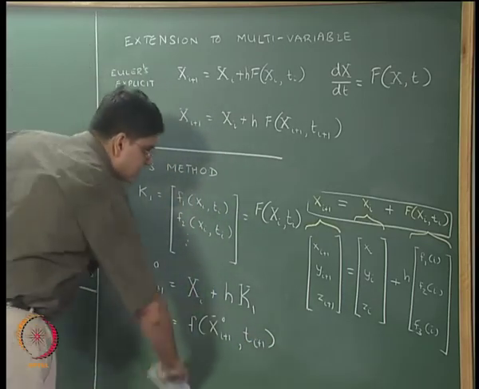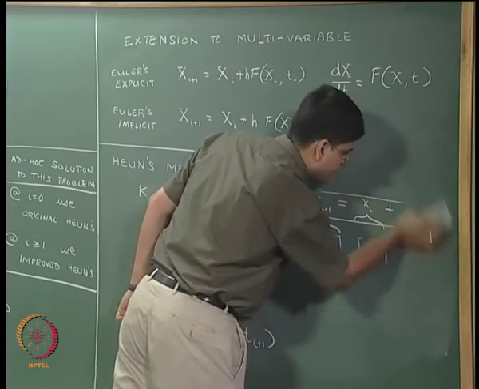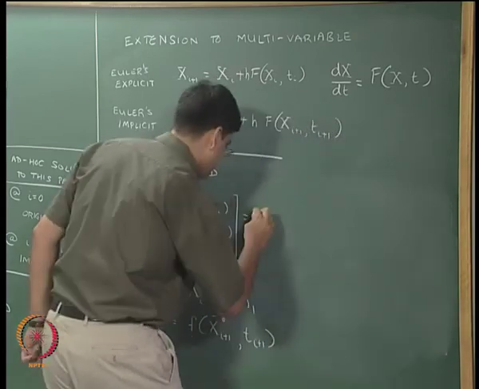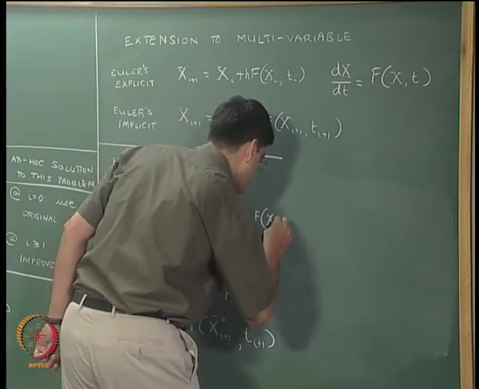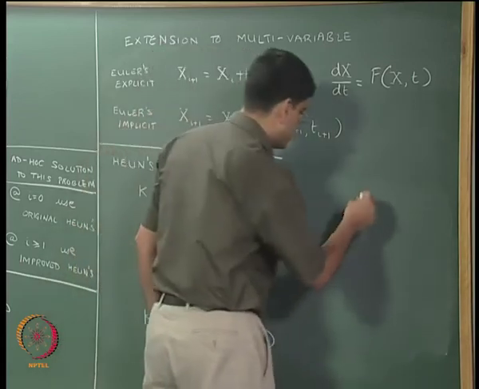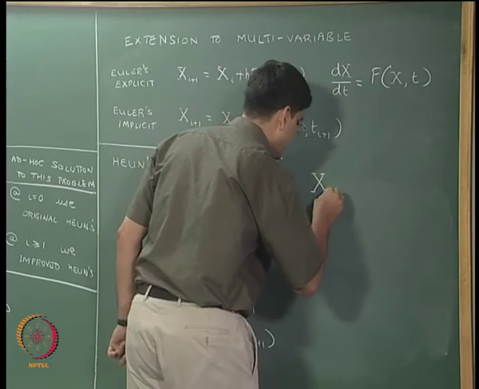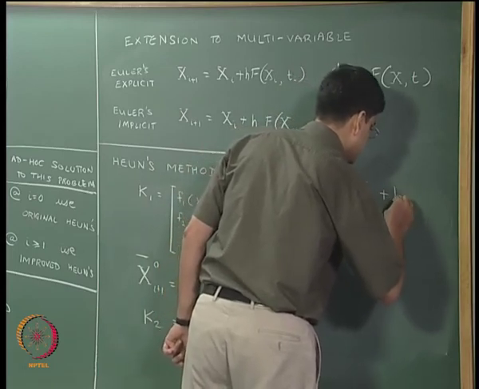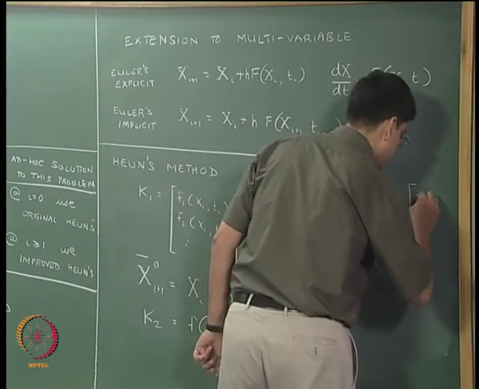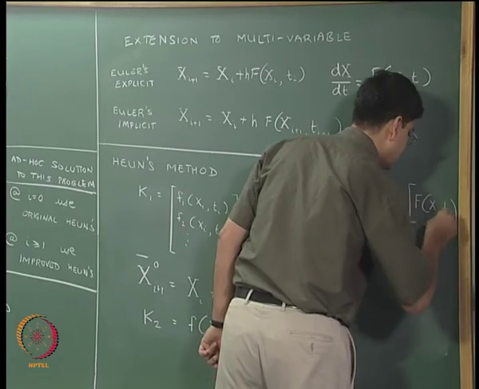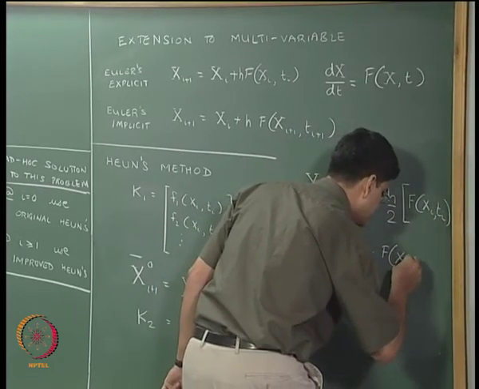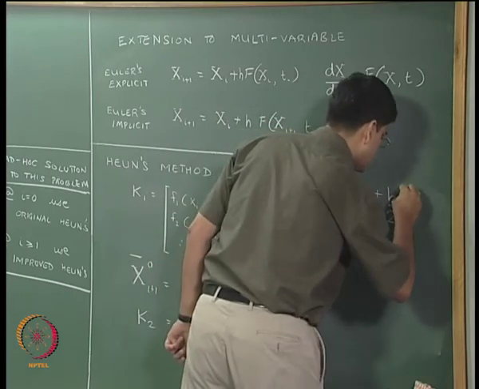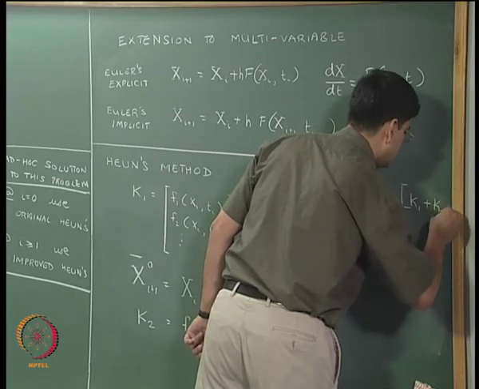Okay. And our final expression for Heun's method is going to be x I plus 1 equal to x I plus h by 2 multiplied by f of x I comma t I plus f of x bar, or I will just write this as K1 and K2, h by 2 multiplied by K1 plus K2.